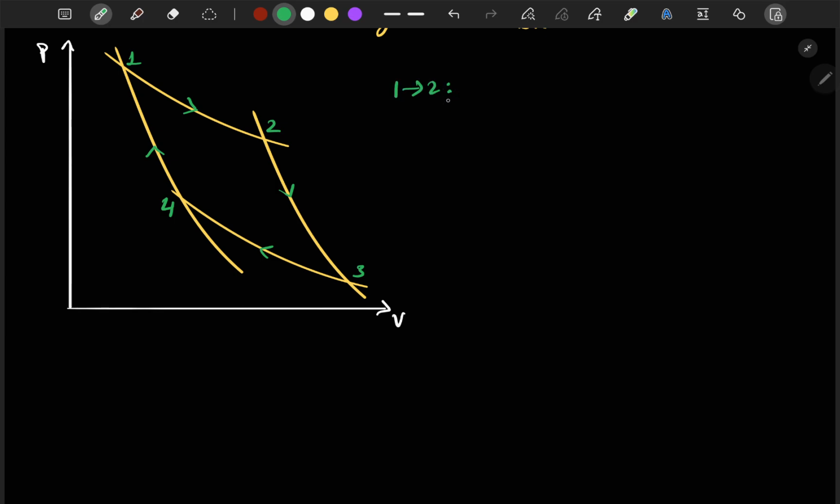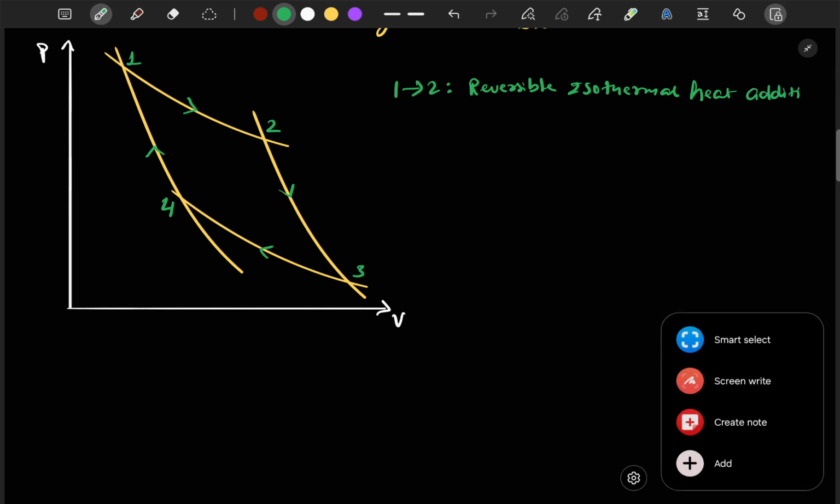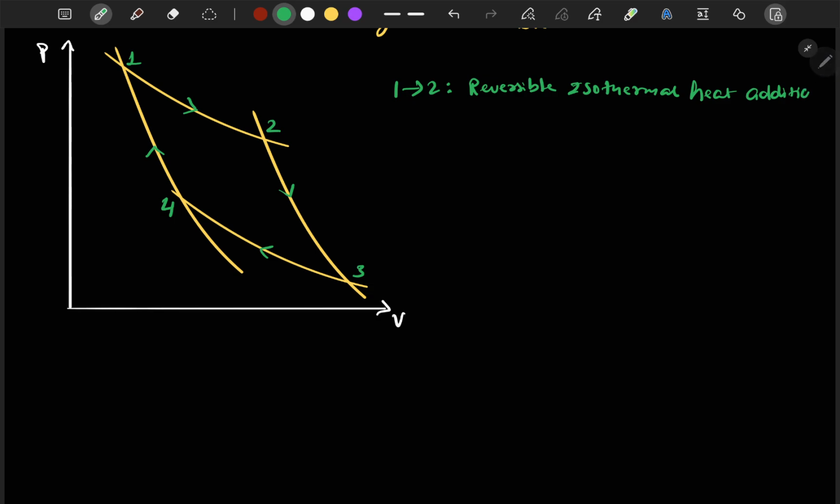Process 1 to 2 is reversible. Since all the processes are reversible, I can directly write it as reversible isothermal heat addition.